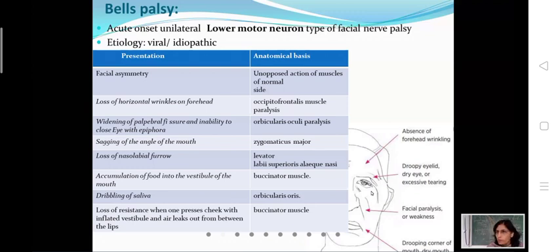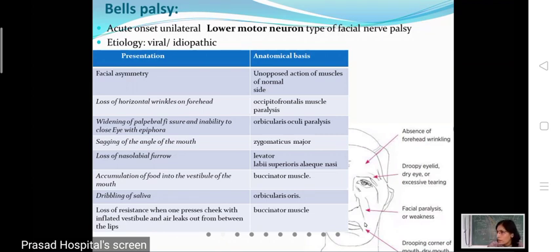The tears present in the eye will not be able to drain properly and they will accumulate inside the eye and roll down in the form of tears, which is called epiphora. So there is inability to close the eyes along with excessive tearing or epiphora due to paralysis of the orbicularis oculi muscle.